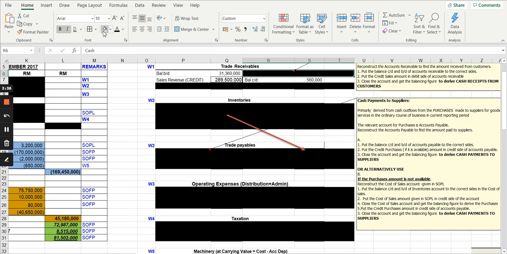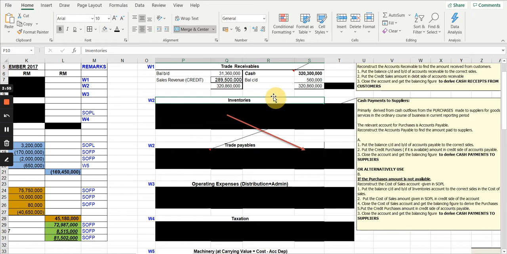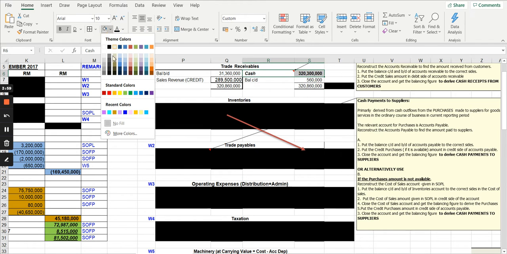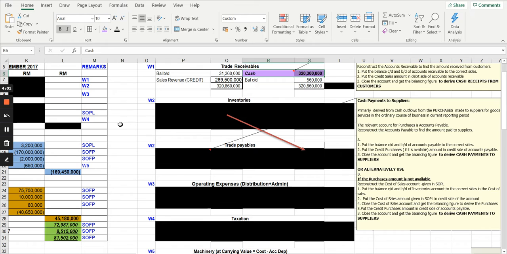So you have 320,300 by totaling up the debit side, minus the transaction on the credit side, and there you go, you have your cash receipt from your customer, and this is an operating activity. So that is working number 1.